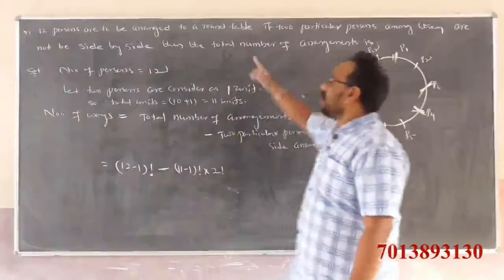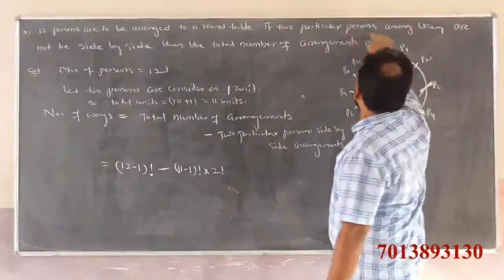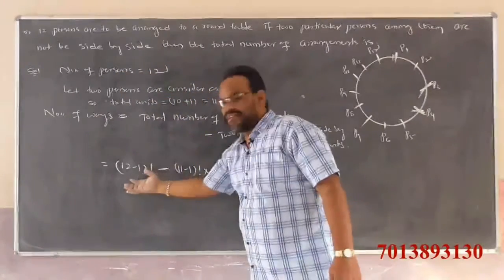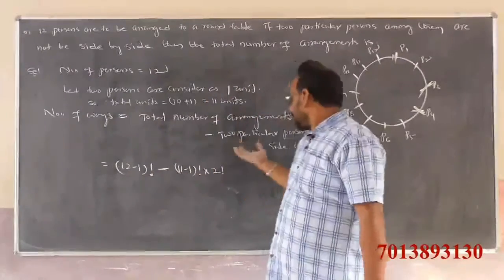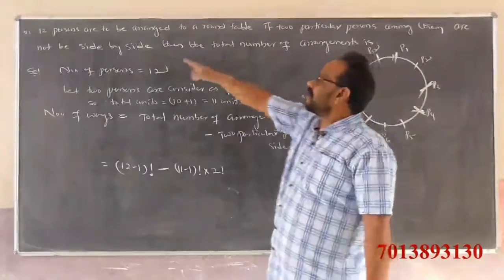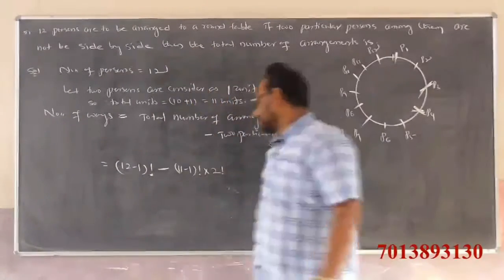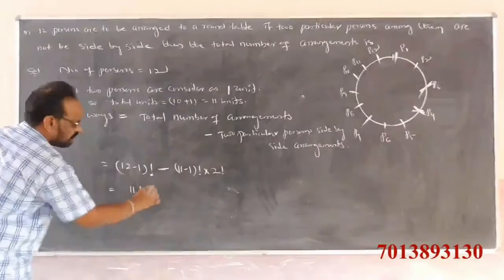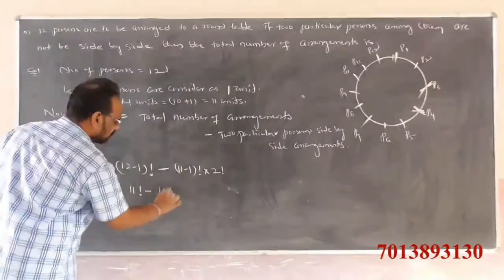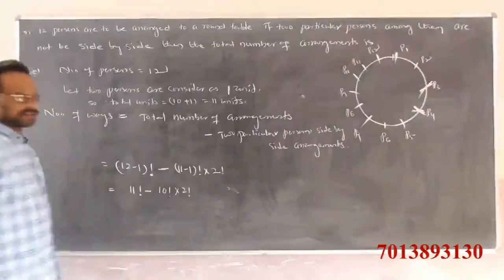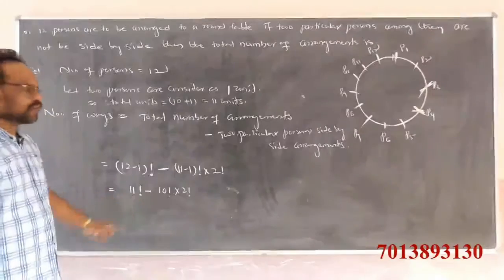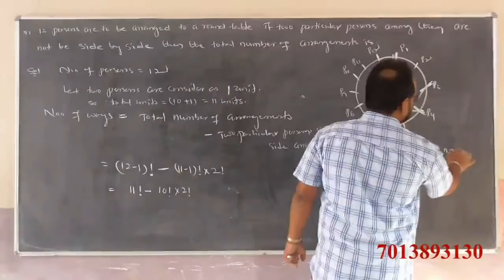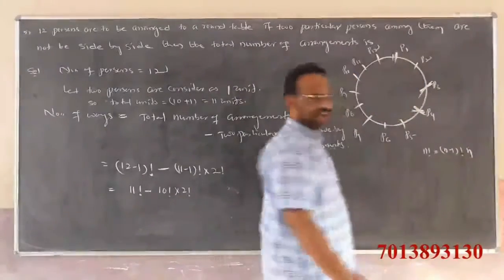But here they ask for two particular persons among them not to be side by side. So if you remove the side by side arrangements from the total arrangements, we get the not side by side arrangements. So 12 minus 1 factorial is equal to 11 factorial, minus 11 minus 1 factorial, which is 10 factorial into 2 factorial. 11 factorial, already we know that n factorial can be written as n minus 1 factorial into n.